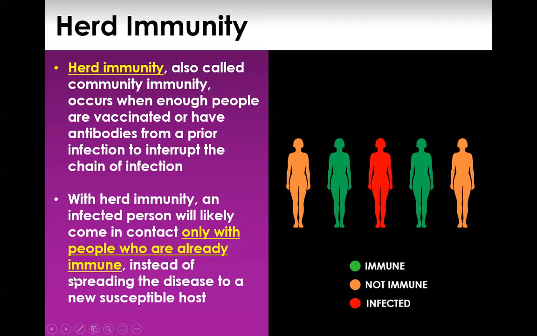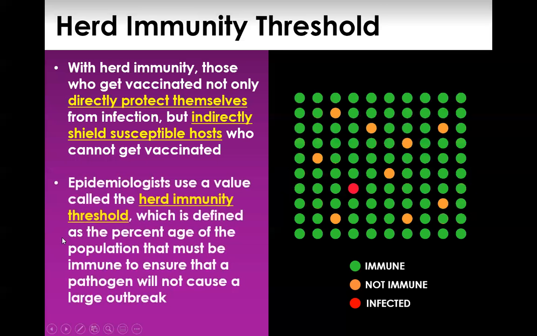Something the CDC found is that when children were living with adults who were vaccinated, they had less of a chance of becoming COVID-19 positive. Okay, so when we think about herd immunity, there is a threshold. This is the percentage of the population that must be immune to ensure that the pathogen will not cause a large outbreak.